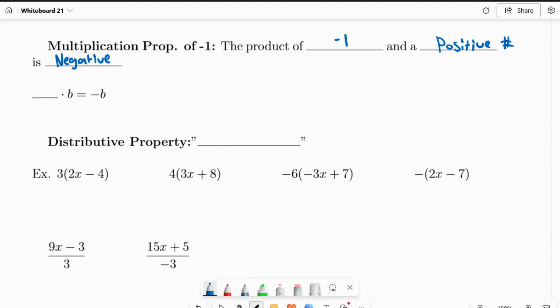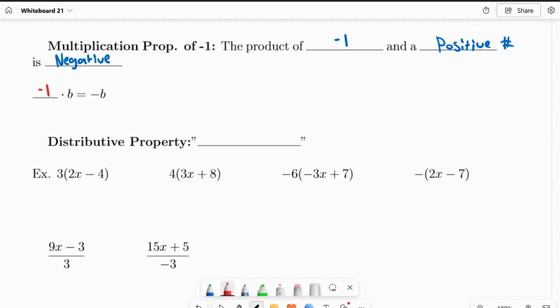If you multiply -1 by a negative number, you will get a positive. So really what to think about with the multiplication property of -1 is it just flips the sign. So if I took -1 times b, positive b, it's going to give me negative b.